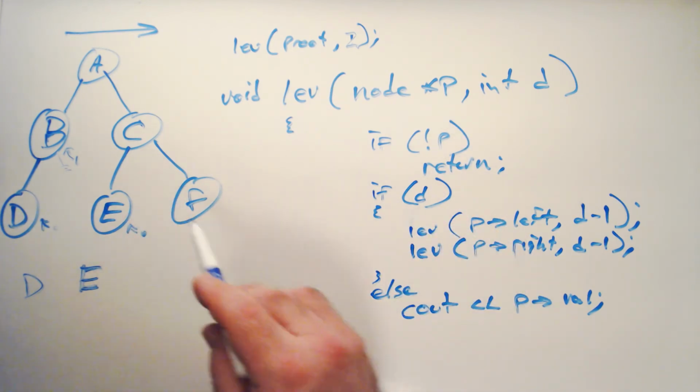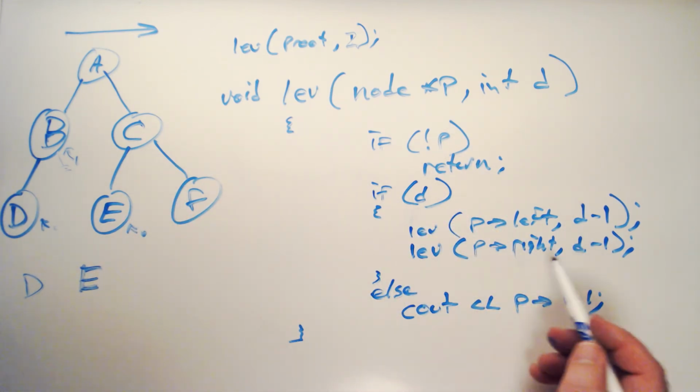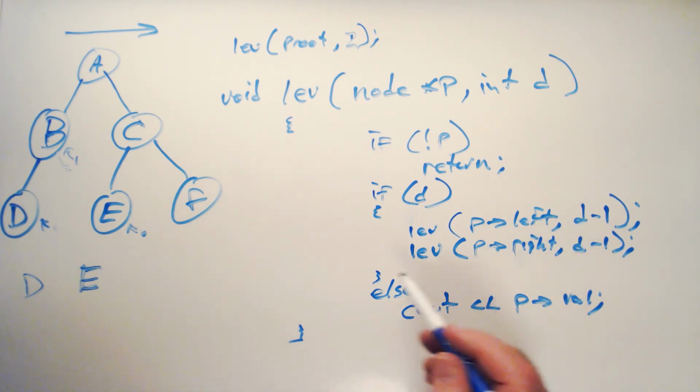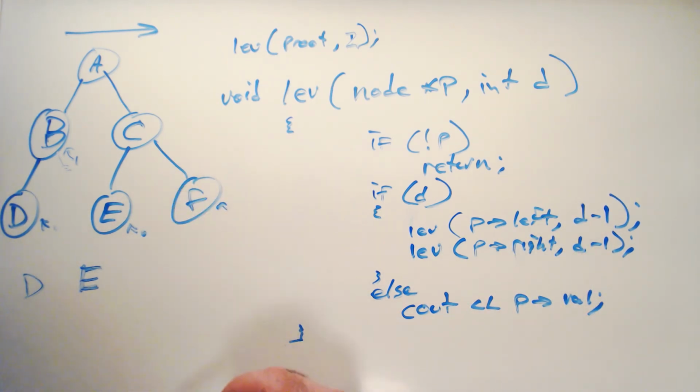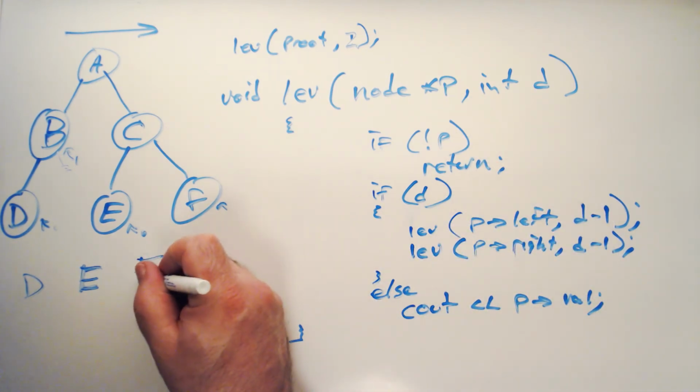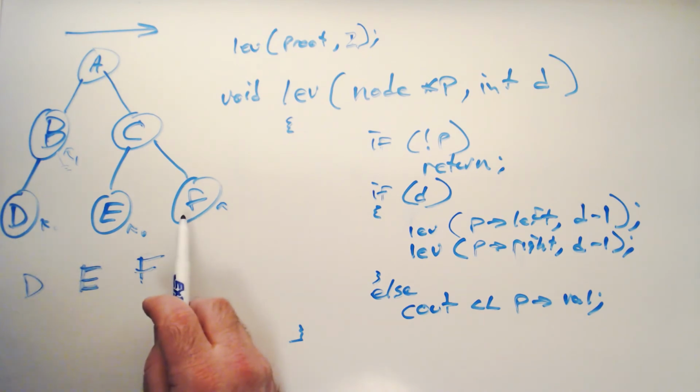And he returns back to C, who just finished his left child. Then C executes this to deal with his right child and passes that a 0, just like he did when he was on his left child. F gets a 0 and does the usual thing for a 0 by printing out his value. And we've just traversed the bottom level of this tree.